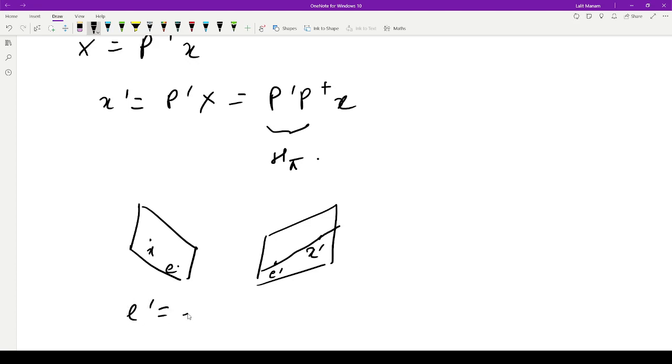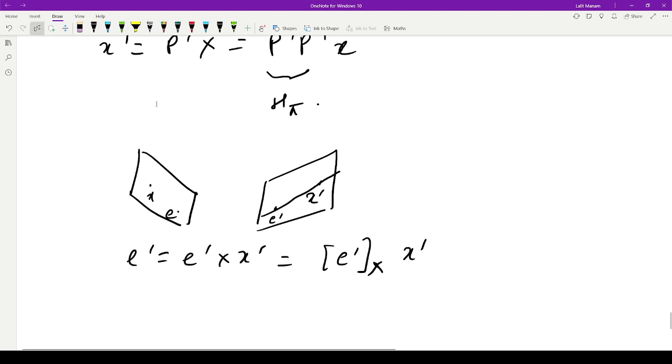This L prime is E prime cross X prime, right? Or someone was saying that we can write it in matrix form, E prime cross into X prime, where this is the skew symmetric matrix form. Now what do you know about X prime? X prime is H pi into X.